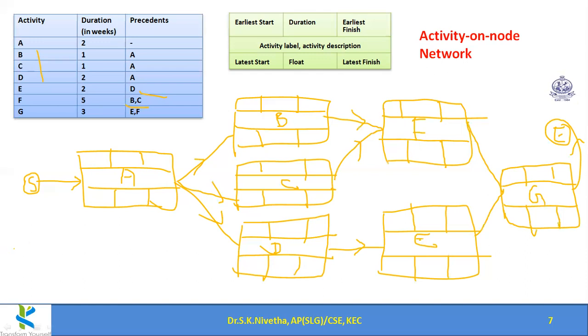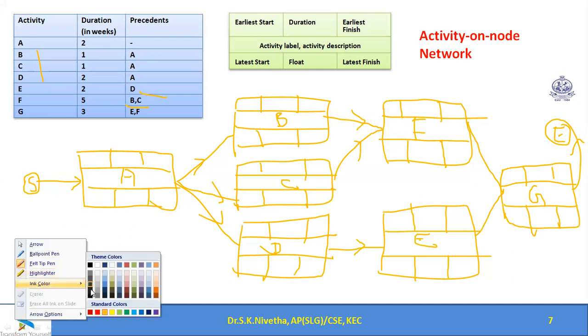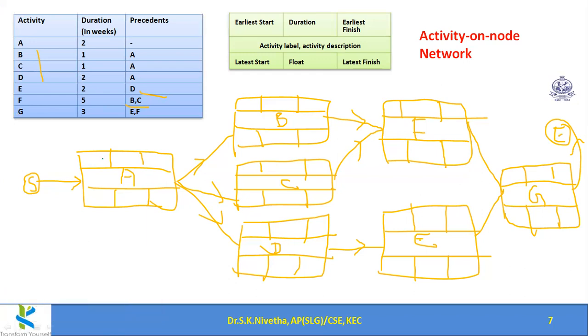So now we shall fill up the duration and then proceed with forward pass. So duration for A is 2, duration for B is 1, duration for C is 1, D is 2, duration for E is 2, duration for F is 5, duration for G is 3.